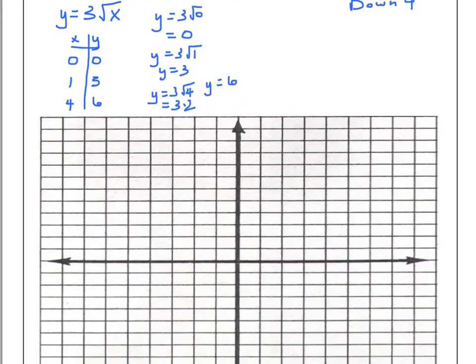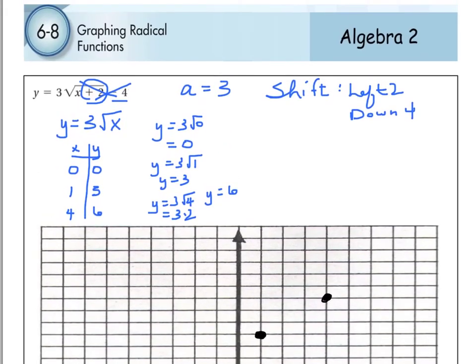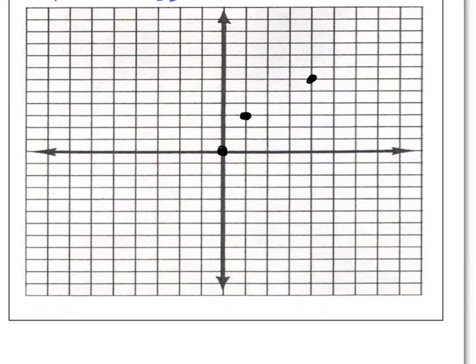Okay, now I'm going to go ahead and plot these 3 ordered pairs. Put these guys in black, 0, 0. Right 1 up 3. And right 4 up 6. Right, like so. Okay. Then, the last part here is I'm going to go through this shift. Every point's going to move left 2 and it's going to move down 4. So every point I move left 2, down 4, I'm going to put a dot. These guys are going to be in blue.